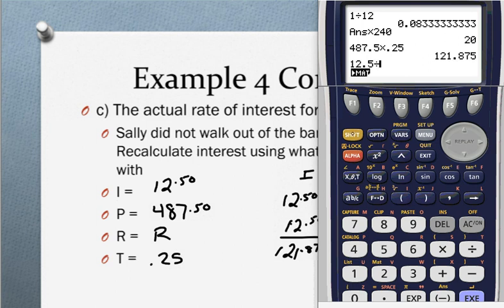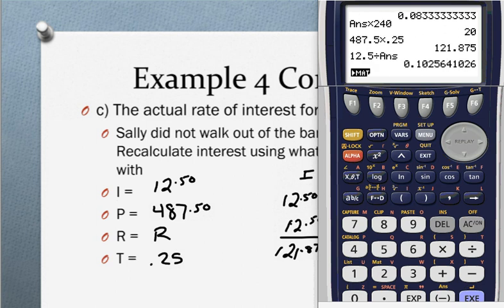But I can also just do second answer. And this is a nice button to use, especially whenever you have something where you have a long decimal and you want to use that whole big long decimal. So you just hit, in this calculator, shift answer. If you have a TI calculator, it would be like second answer is down here. A lot of the calculators have a little answer button. You just got to look for it.